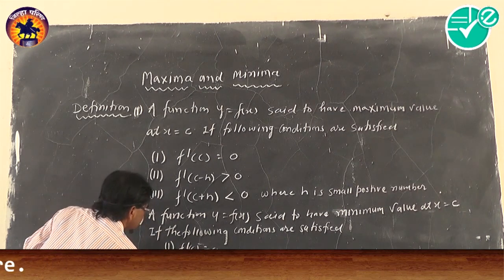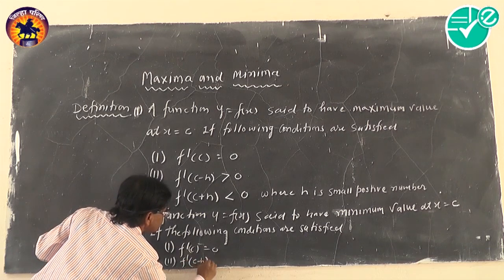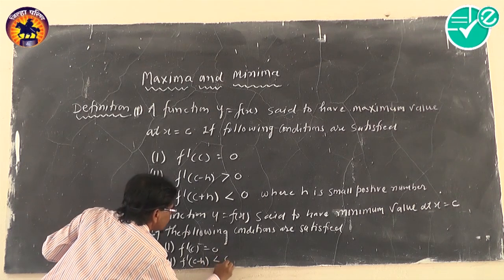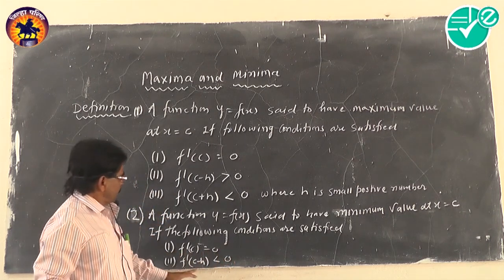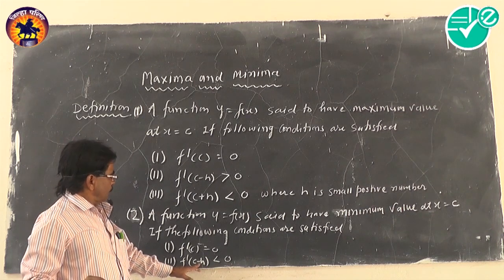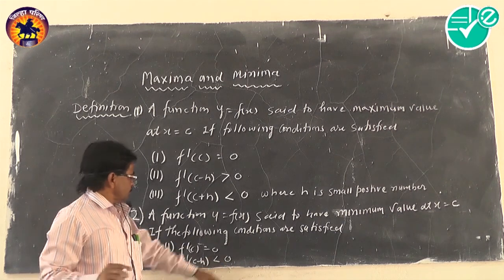Number 2, f dash of c minus h is less than 0, means derivative at the left side of c in the interval is less than 0.